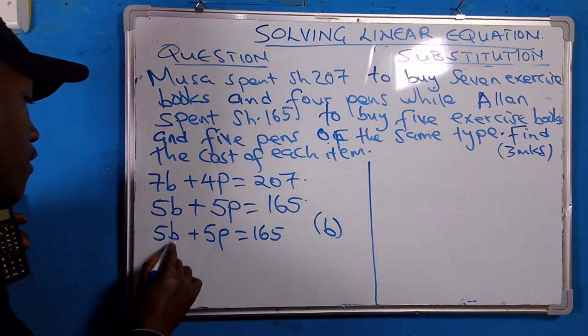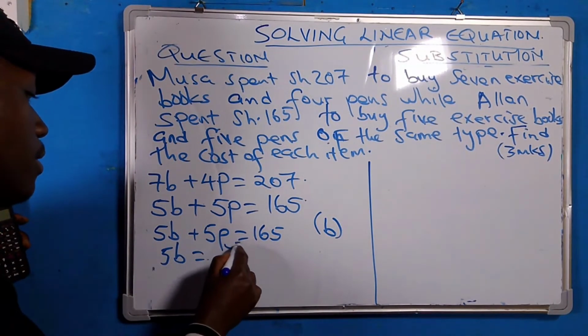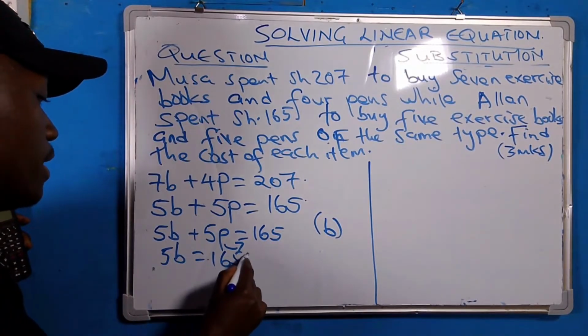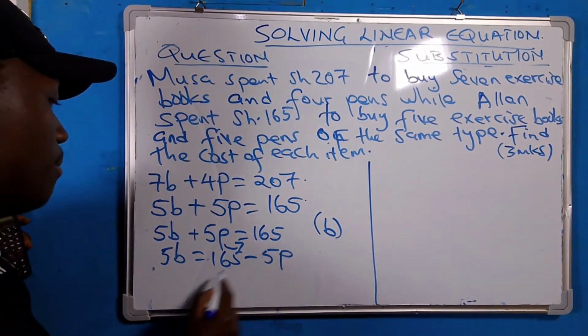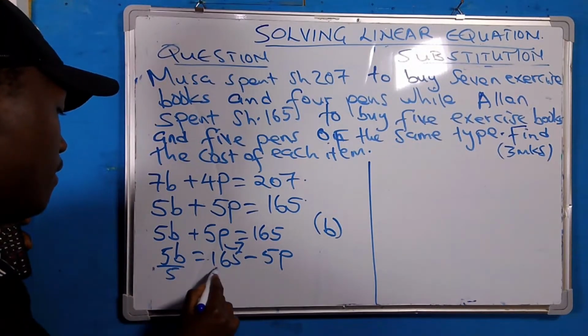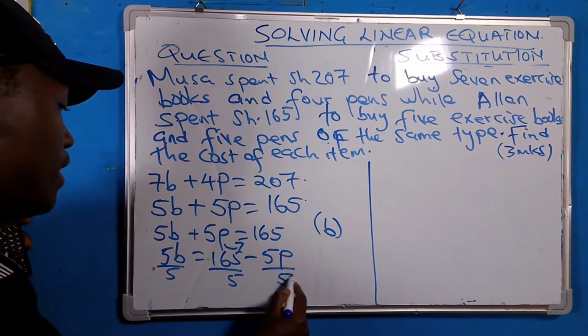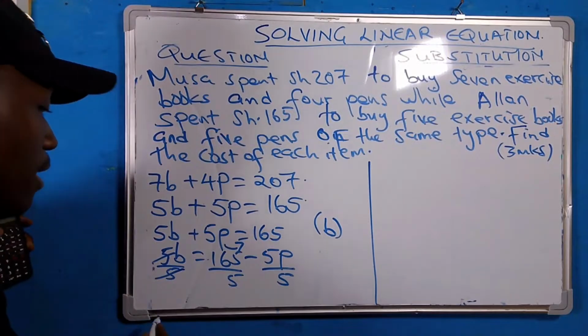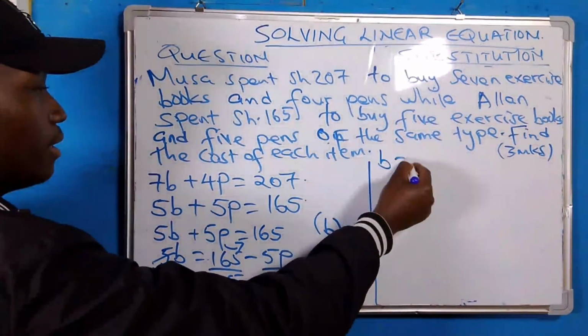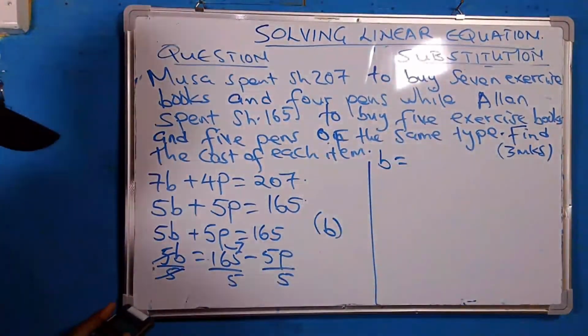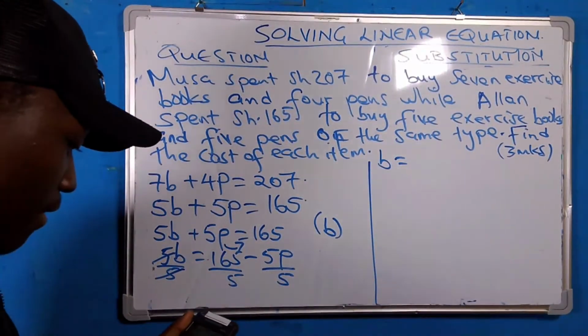So we will have 5b is equal to 165 minus 5p. So we will divide by 5 on both sides, and once we divide, we will get our b is equal to 165 divided by 5.